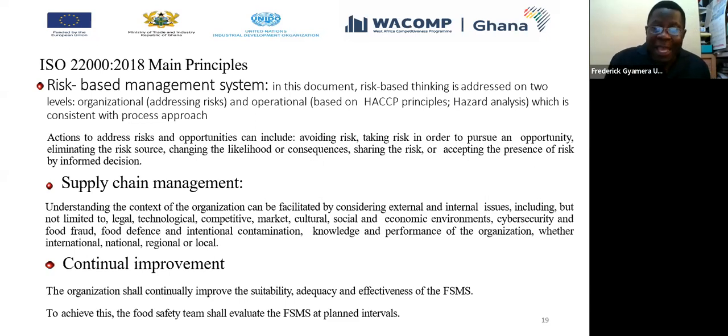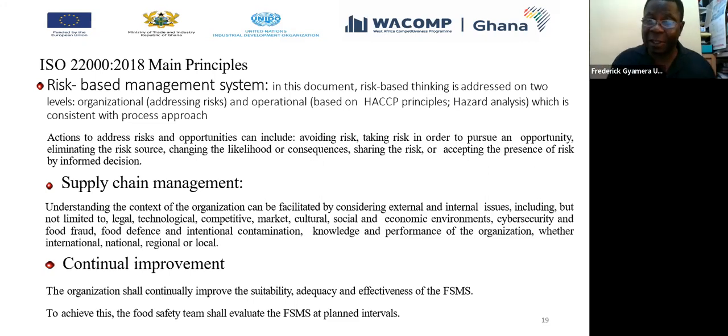Risk, supply chain management. Understand the context of your organization. This aspect is also captured in the 9,000 that we did about 2-3 weeks ago. If you do that and you understand where you stand in the scheme of operation in that sector, then it will facilitate the external and the internal conditions.